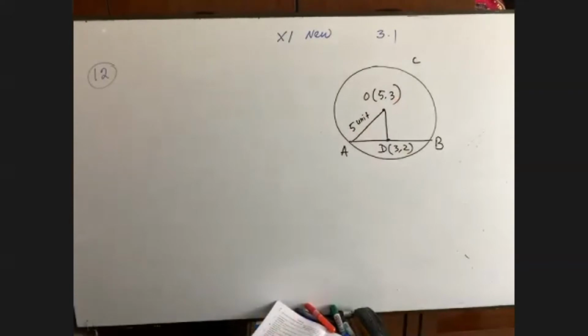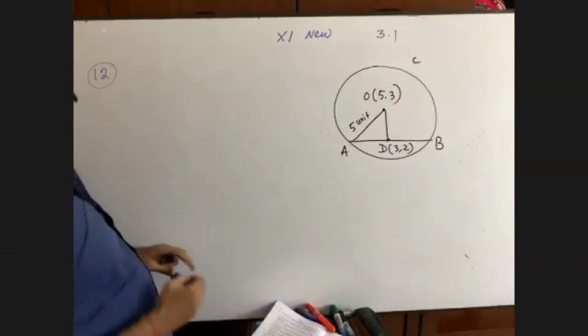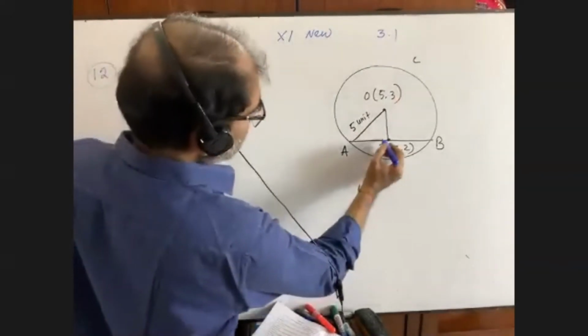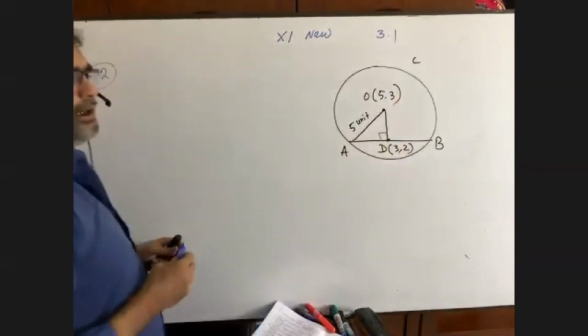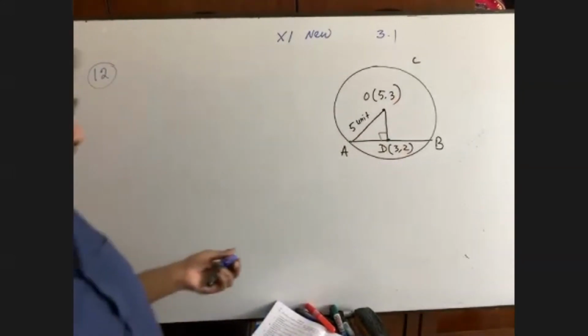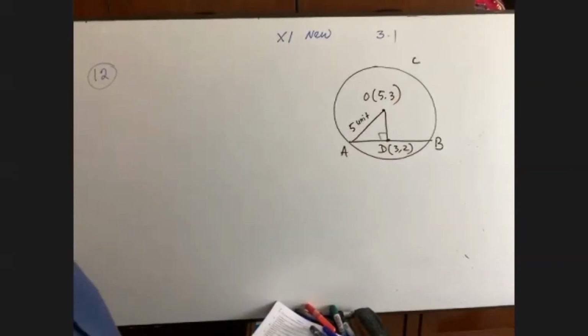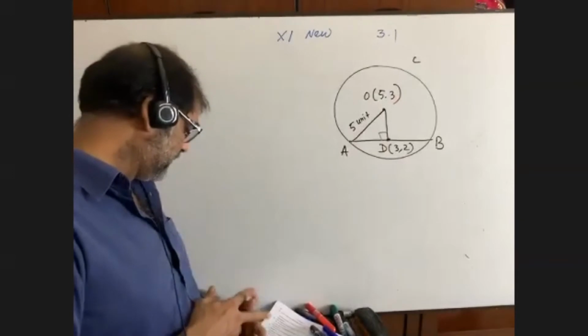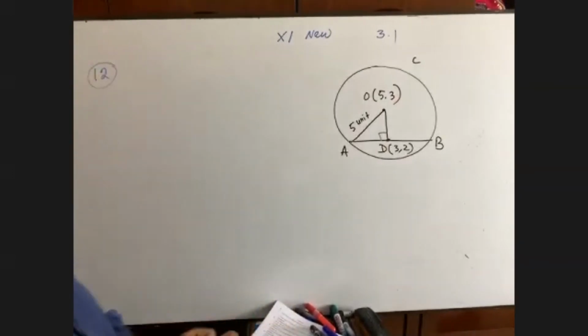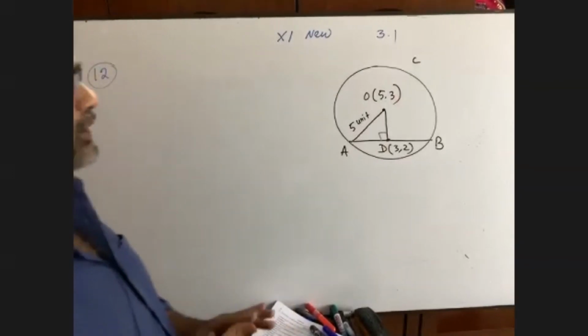OD is perpendicular. You know why OD is perpendicular? Because it is given D is the midpoint. It is given that AB is bisected at the point D, so we can call OD the perpendicular. From here, you have to find the length of the chord, that is, the length of AB. Can you please find it?